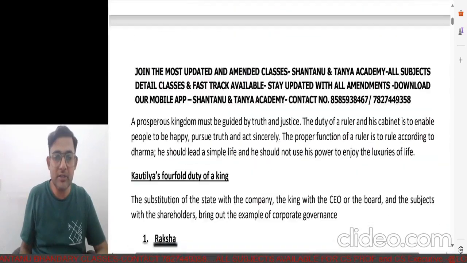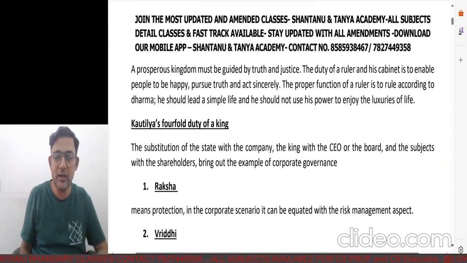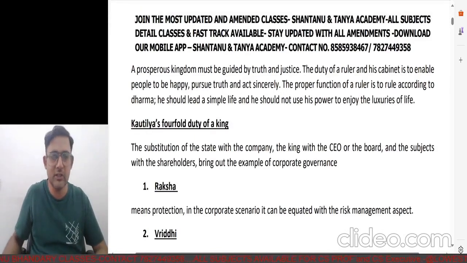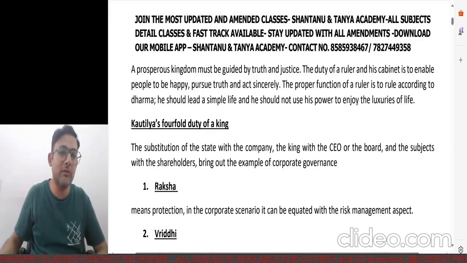Talking about Mahabharata, it is about truth and justice, and it also talks about the fact that the ruler should be a person who follows the code of conduct, or dharma, as we discussed, and should not use power to suppress the voice of the people, but instead use the power to make the life of the people better.